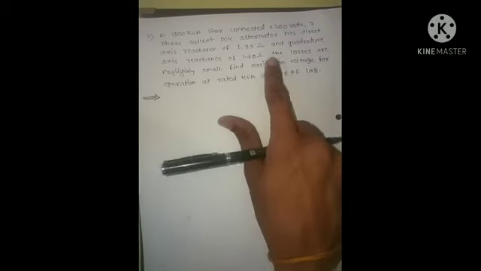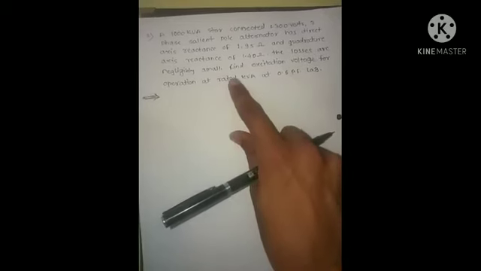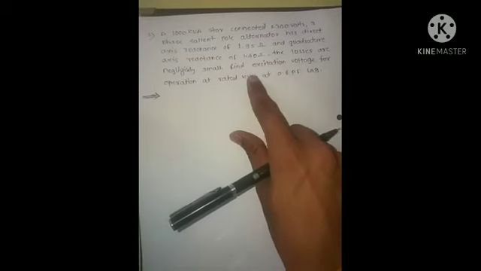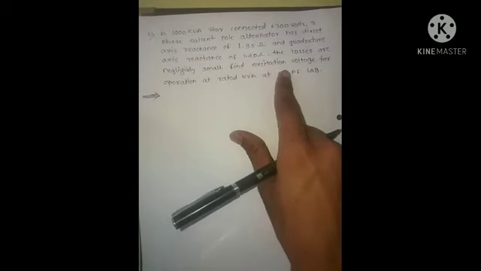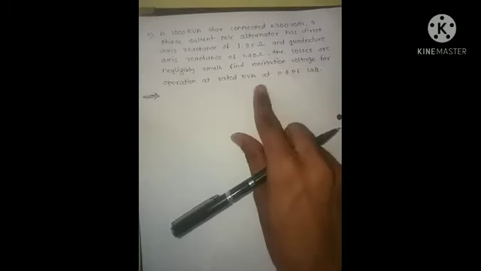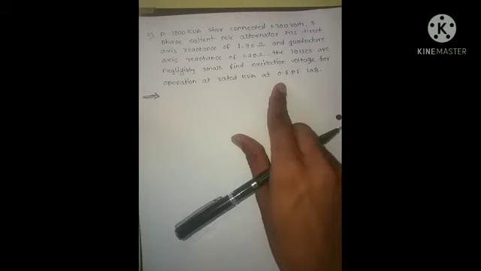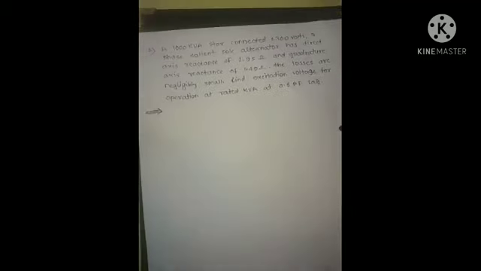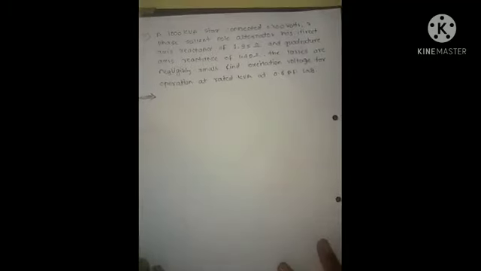The losses are negligible. Find out the excitation voltage for operation at rated kVA at 0.6 power factor. So we have to solve this numerical. All the calculations are to be done on per phase basis.